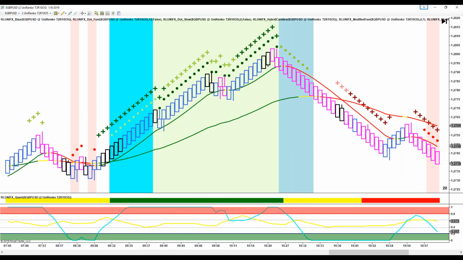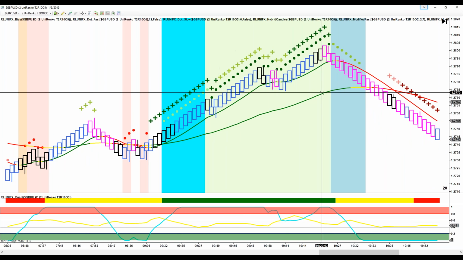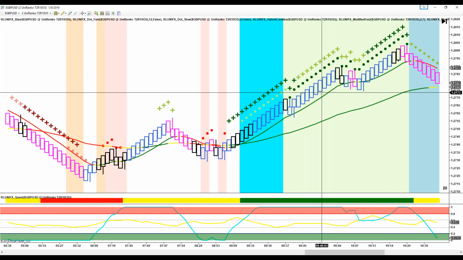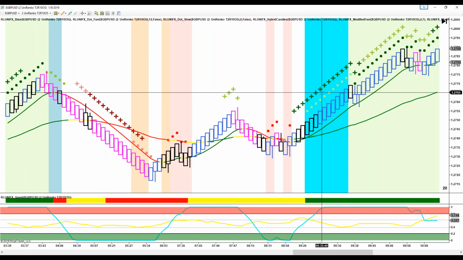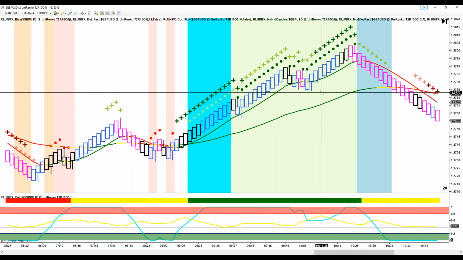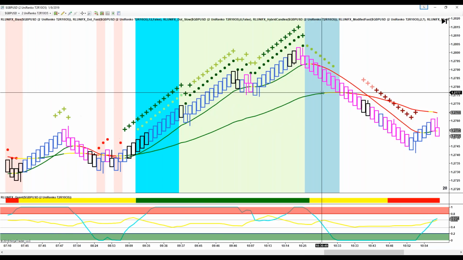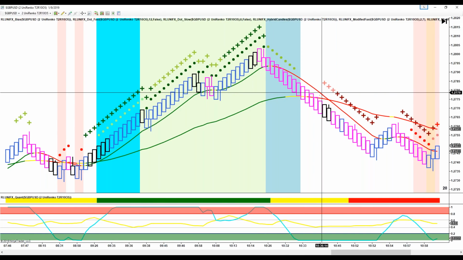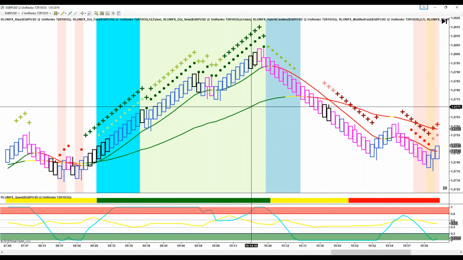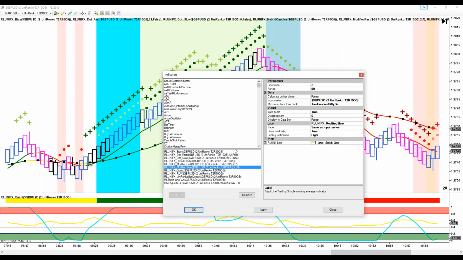Now, if this is the first time you've ever seen this platform, let me go over each of the different indicators for you one at a time. And what I thought I would do is go over them with you sort of from least important to most important. Now, the first thing I just want to do is make this 50 thicker, just to make it a little bit easier to see.